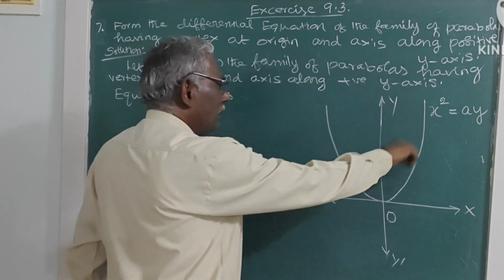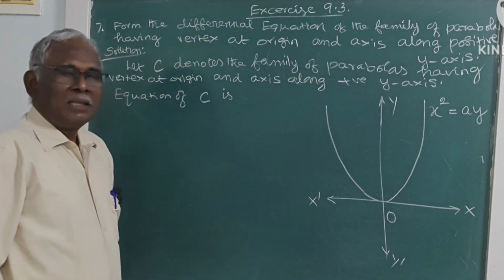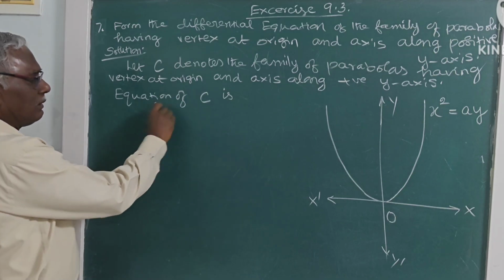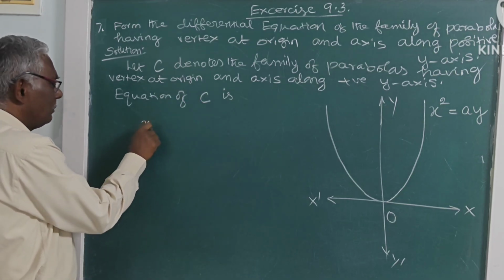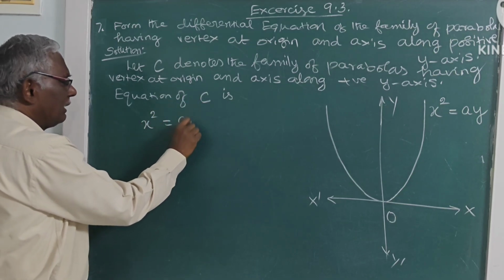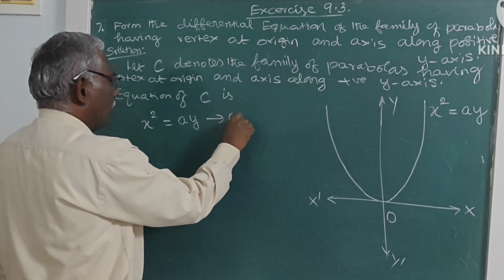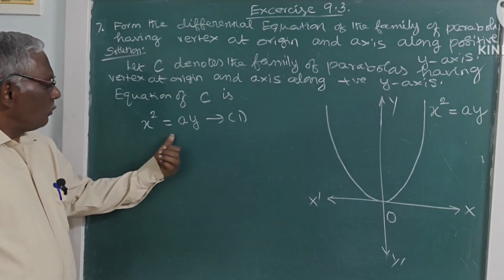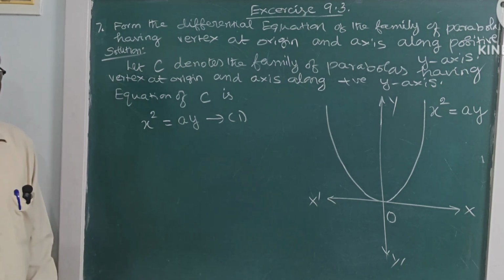This is only one parabola, one member in the family. Equation of C is x square is equal to ay. So in this equation we have only one arbitrary constant.